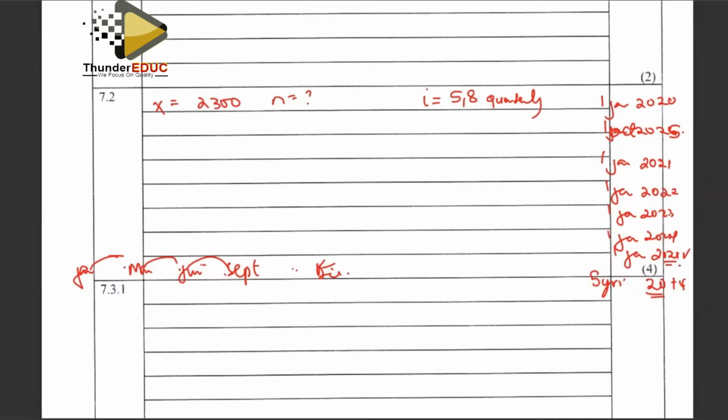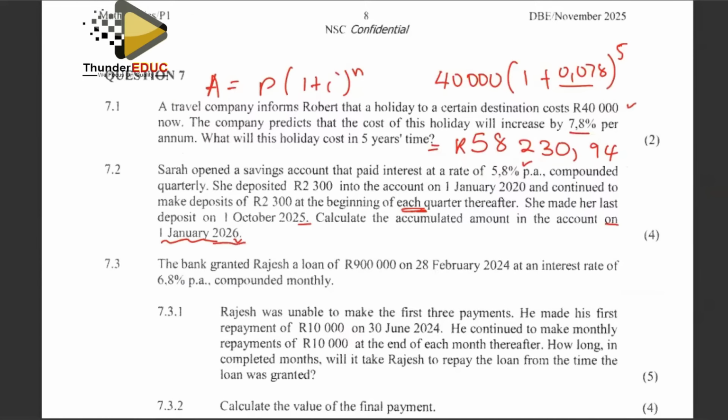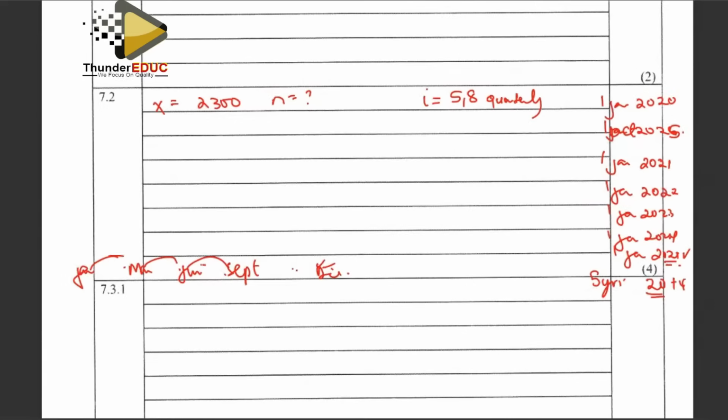But now, since we want the payment for all the amount in the account on the 1st of January 2026, then that is slightly a different quarter that we're not going to discuss, but we shall add it at the end of the period. So we're going to say that we have 24 periods there. So the future value is X into, we have 1 plus I. Oops, that is wrong.